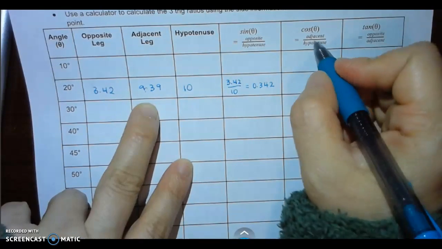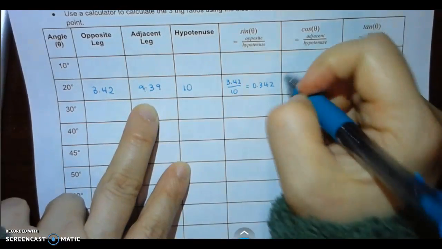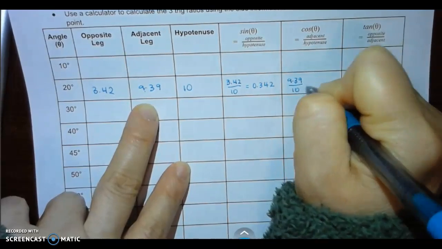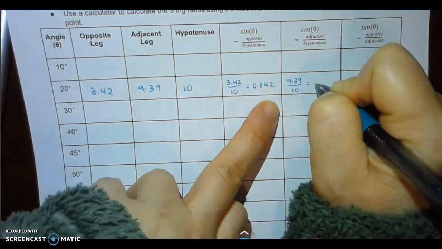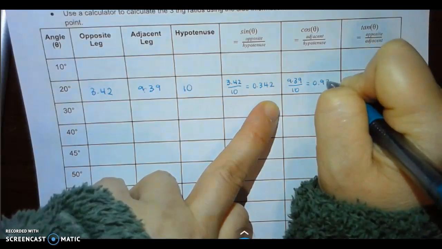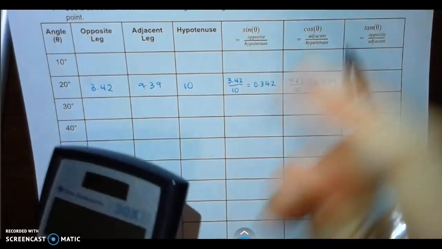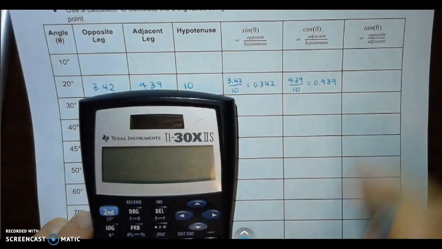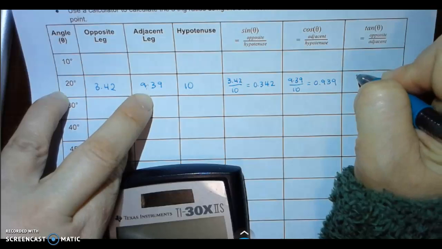Okay, cosine is adjacent over hypotenuse. So that's going to be 9.39 divided by 10, which is, again, moving the decimal place one place to the left because we're dividing by 10, so it becomes 0.939. Okay, so the tangent of theta, this is where you are going to have to pull out your calculator. Tangent of theta is opposite side divided by adjacent.